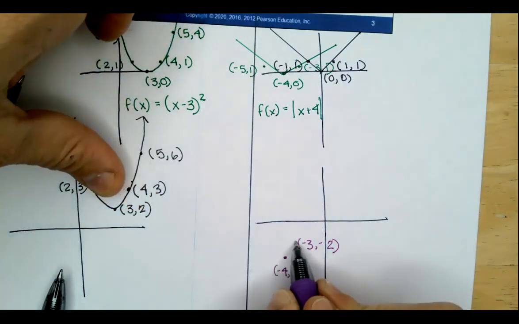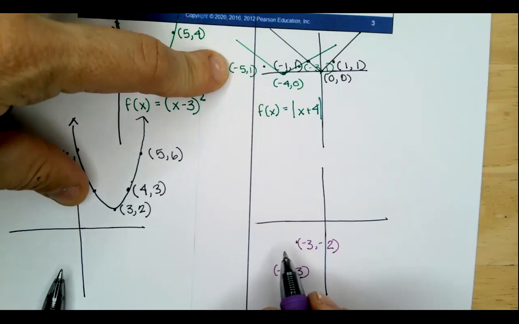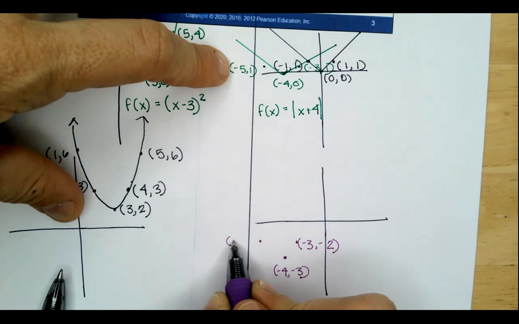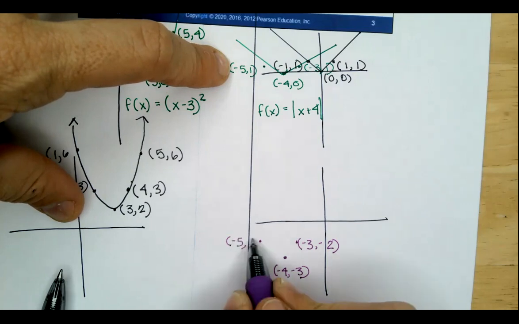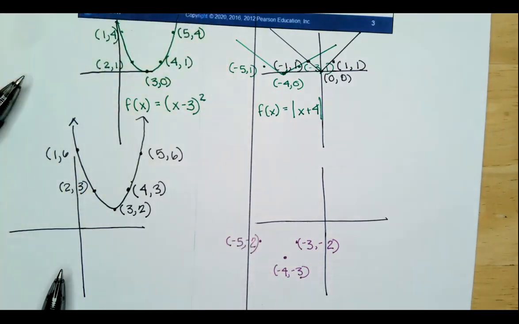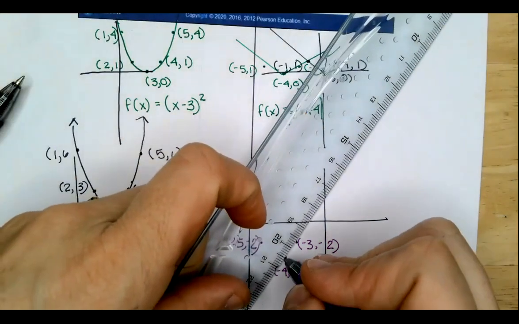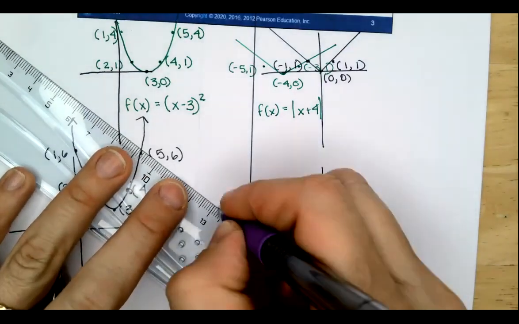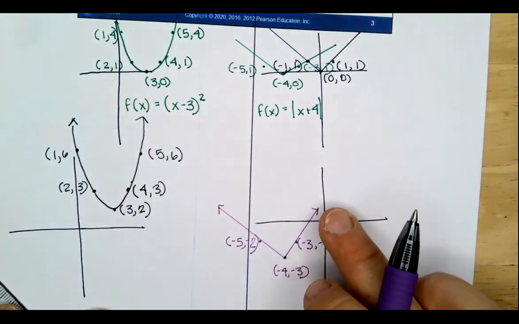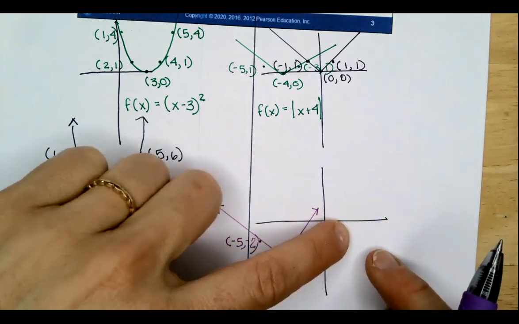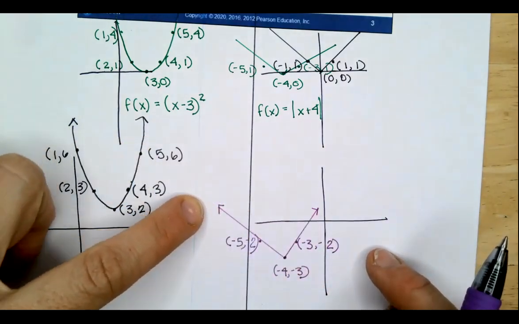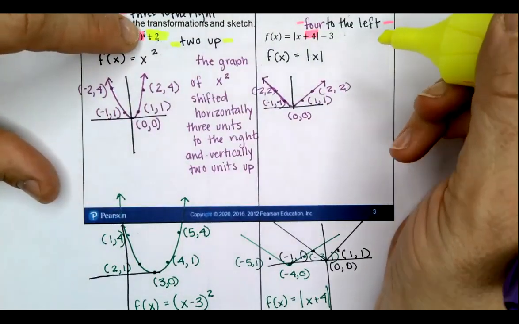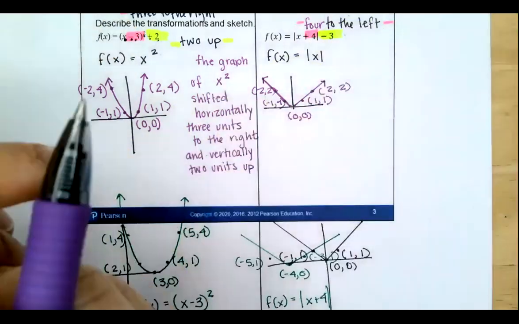And then instead of negative 5, 1, we're going to go down 3. We're going to say that's negative 5, x remains the same, negative 2. So what was once right here at the origin, we moved 4 to the left, 3 down. That plus 2 meant 2 up. This minus 3 means 3 down.